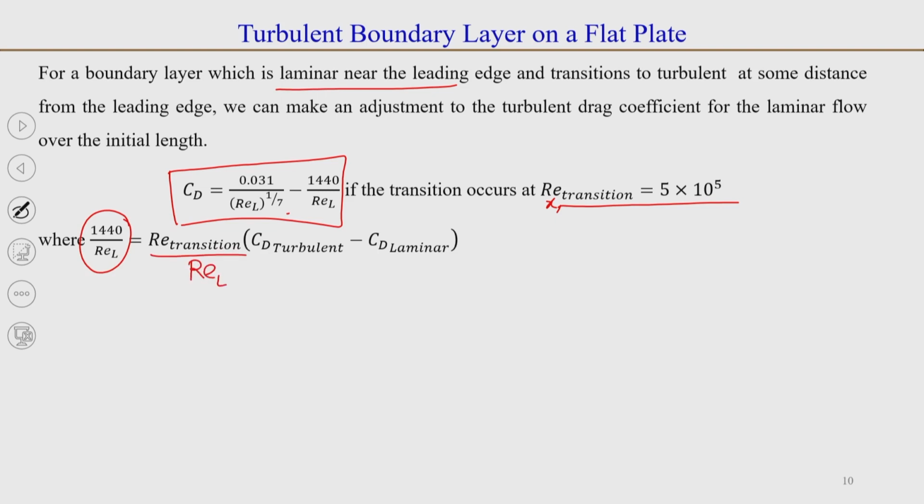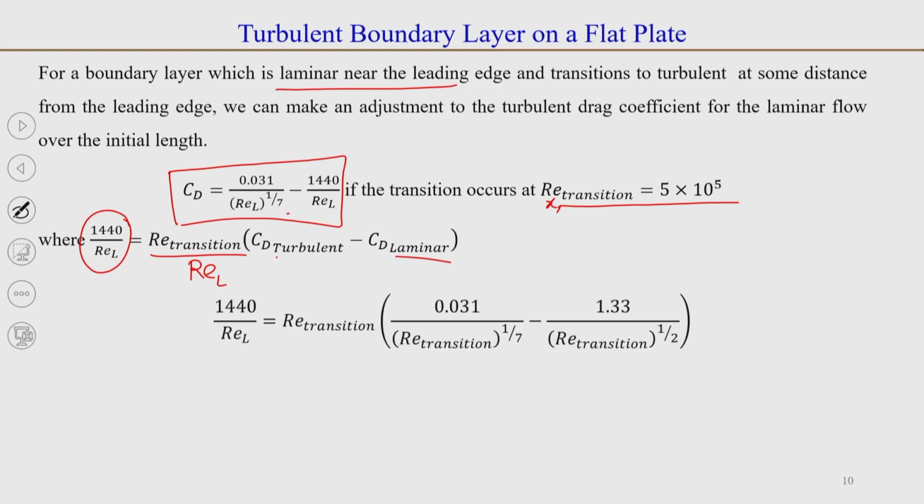So, this number 1440 comes from RE transition into CD for turbulent flow minus CD for laminar flow at the transition Reynolds number. So, we can substitute these values, RE transition is 5 into 10 raised to the power 5. The number comes out to be 1438, and so it has been approximated to 1440.